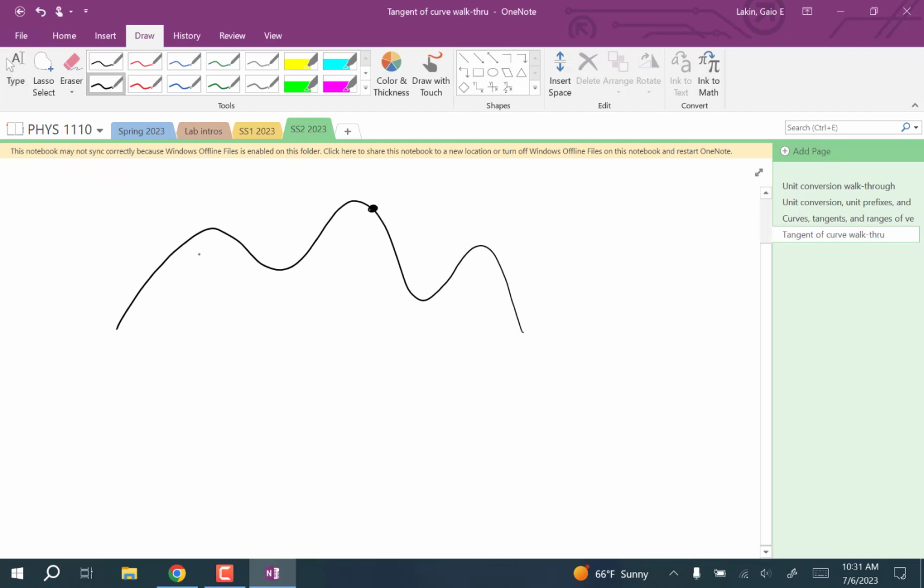And it would ask some questions, first about if this is a graph, let's say that it's a position versus time graph. What's the sign of the slope of the tangent line?